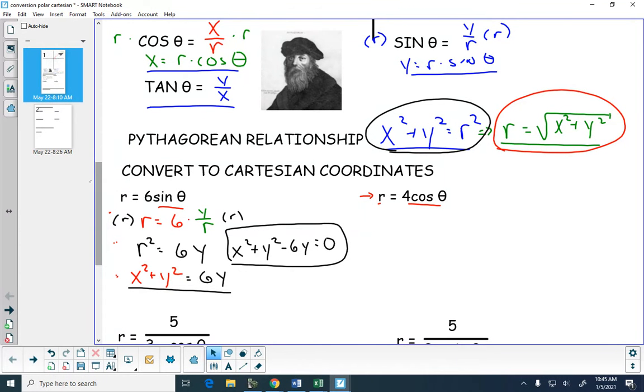You'll be able to multiply both sides by r. And then you should get an r squared there, so substitute in for it. Just follow the steps that we just did over here.